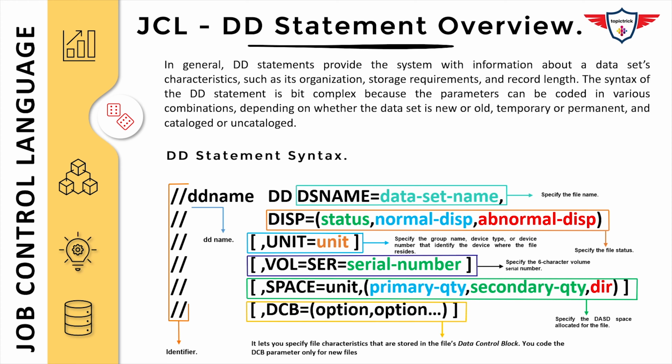And the last parameter is the DCB parameter, which is known as data control block. It is used to specify the format of the file, the record length of the file, and the logical record length. We will look at all these parameters one by one with examples so that you can have a good understanding of how you can use these parameters while defining your dataset in a JCL.